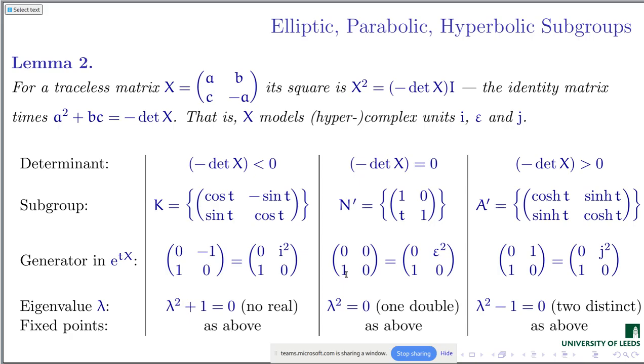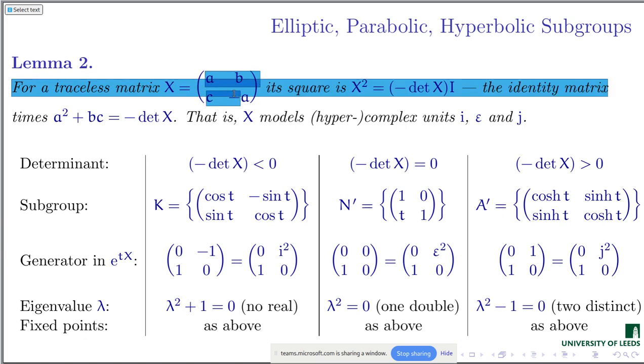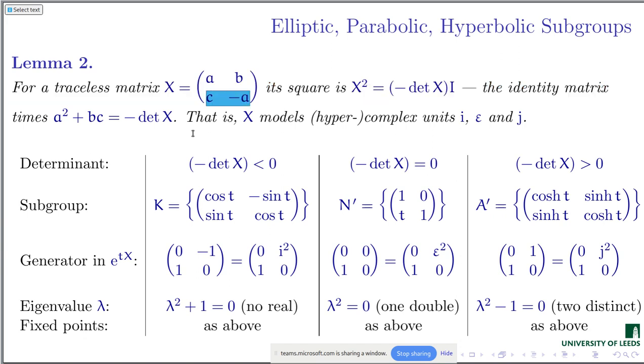So this is a lemma which describes what the square is. A traceless matrix has this form, where we have a and minus a on the diagonal. And the square of such a matrix, an easy exercise, is the identity matrix times a certain value.